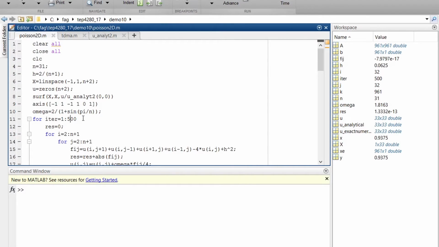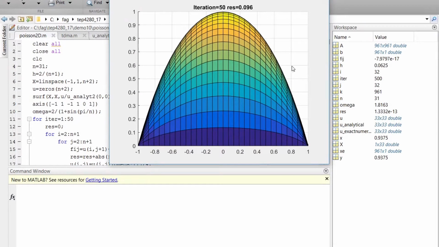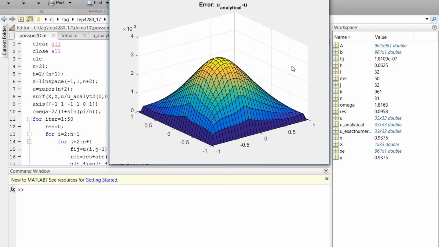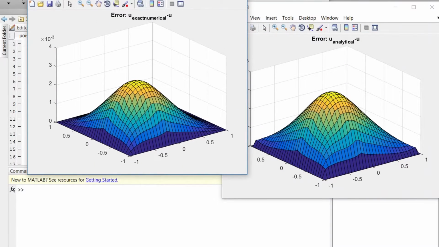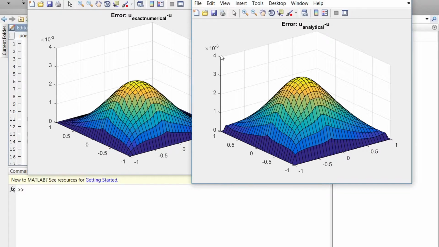So let's try, well, 50 might be a little bit too crude, but let's see. Nah. You see now the difference between the exact numerical and my solution. It's fairly big, but compared to the correct analytical solution, it's of roughly the same order.